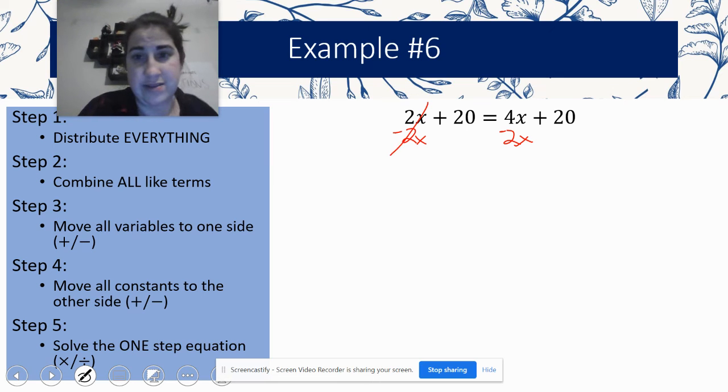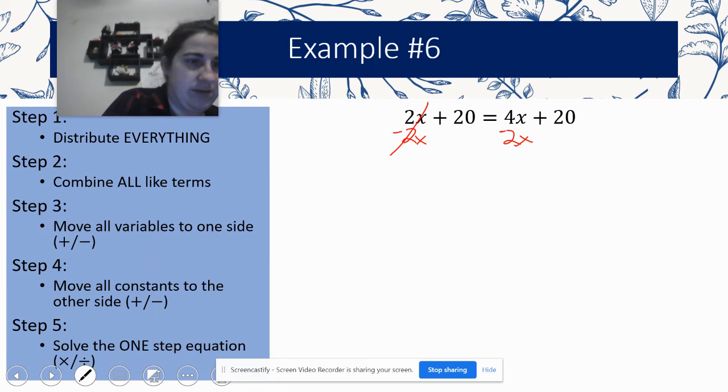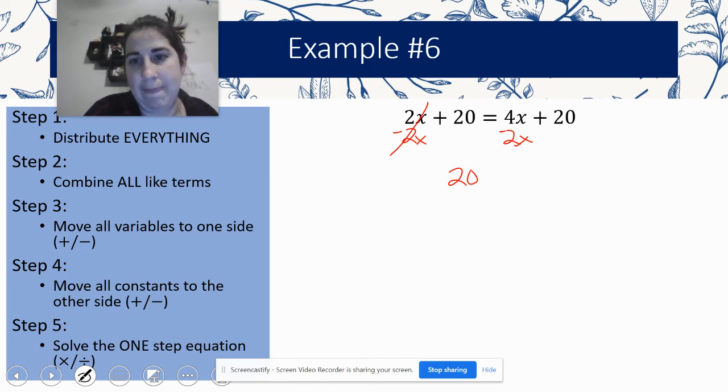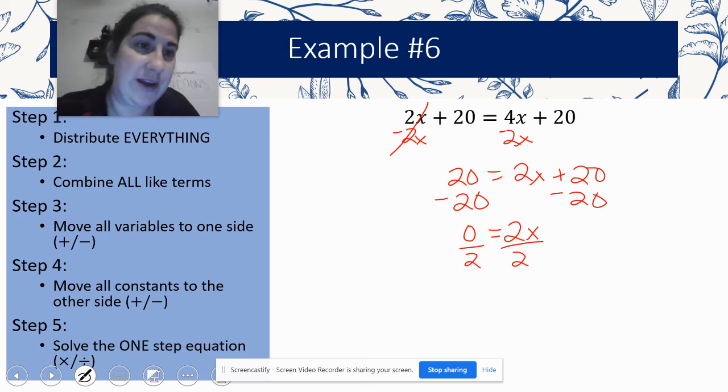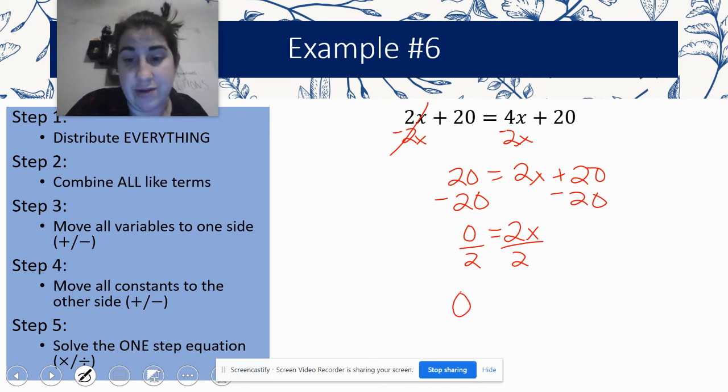Over here, they cancel out, and I have 20 equals 2x plus 20. Then I can get rid of the 20 over here. 20 minus 20 is 0, so 0 equals 2x. All right, I can divide by 2. I know this is funky, but 0 divided by 2, you can do that. It gives you 0. So x is equal to 0, right?